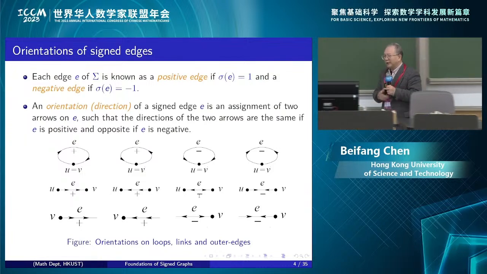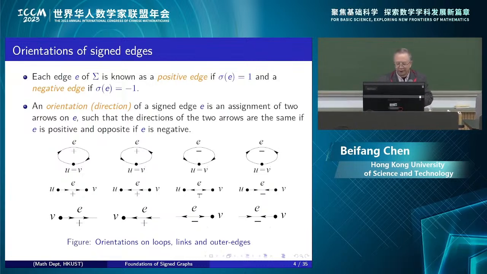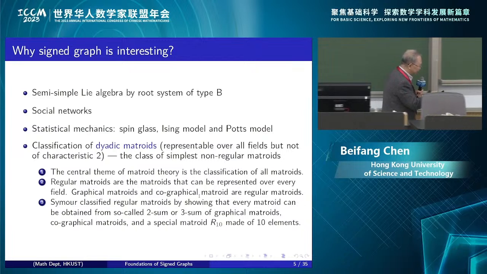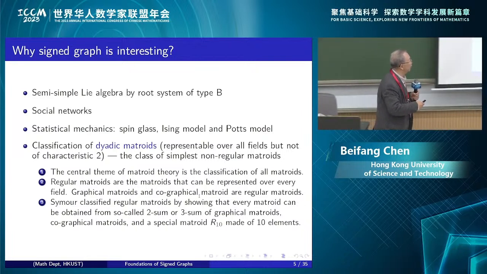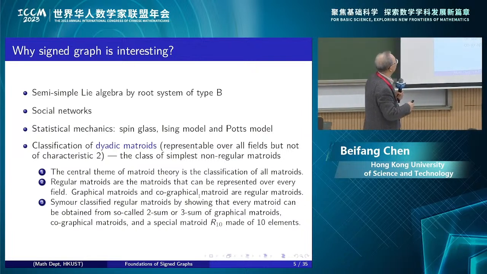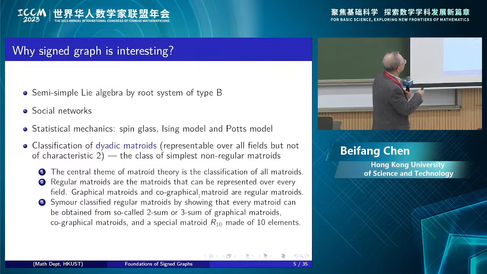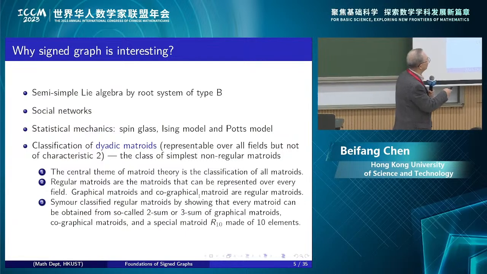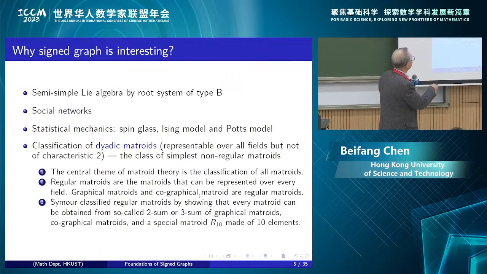And with this, we want to introduce the cycles and go to the cycle group. But I need to spend a few seconds on why we are interested in the signed graph. The signed graph is an application in the classification of semi-simple algebras by the root system; the B type can be described by the signed graph very efficiently.